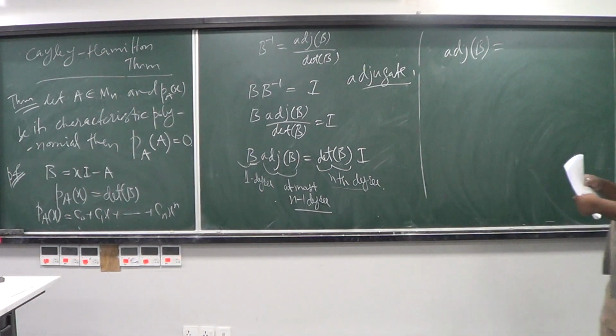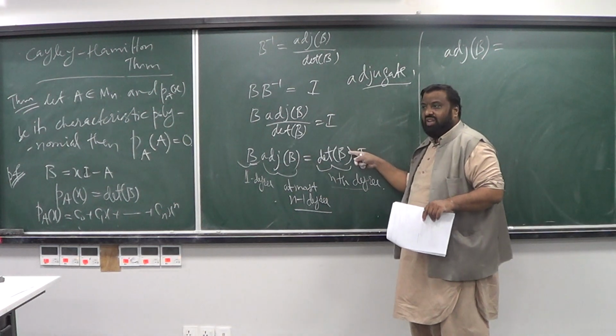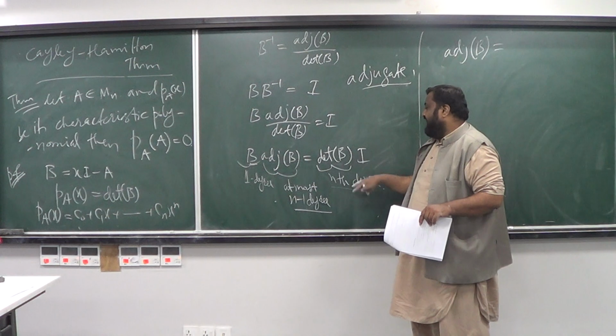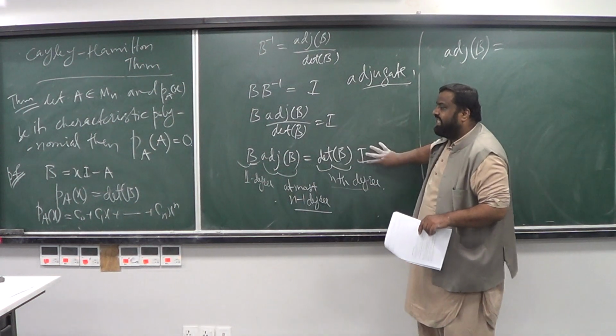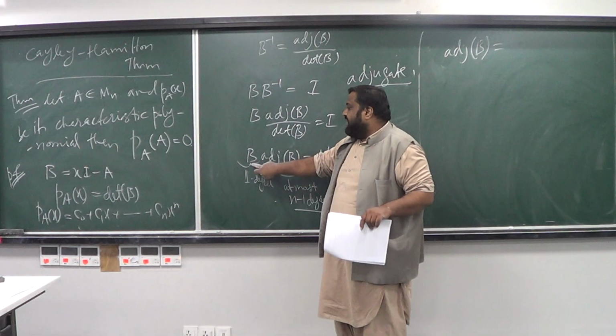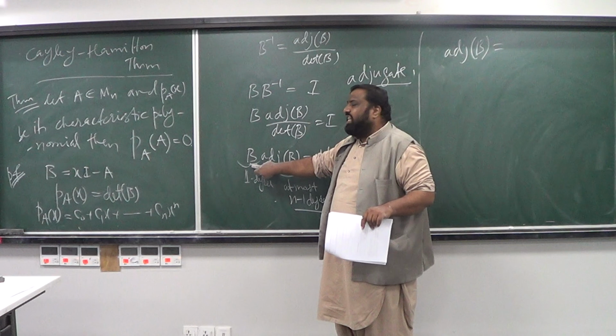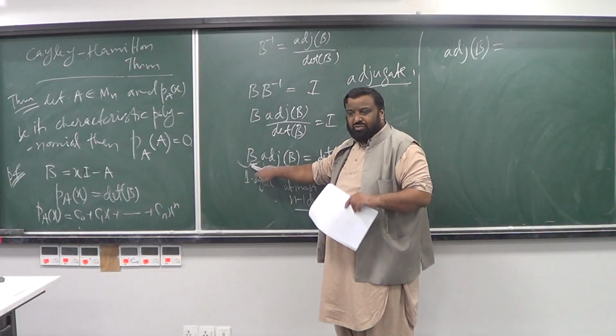I hope you understood. The determinant of B is going to be a polynomial of degree n, okay? So this means that this is a matrix in which the entries are nth degree polynomials. What is the degree of the polynomials in matrix B? It's first degree.